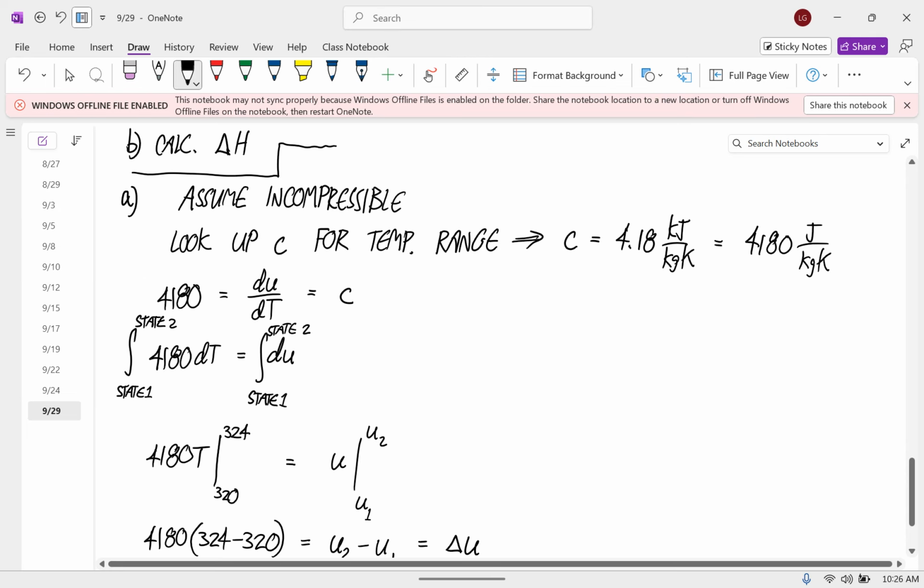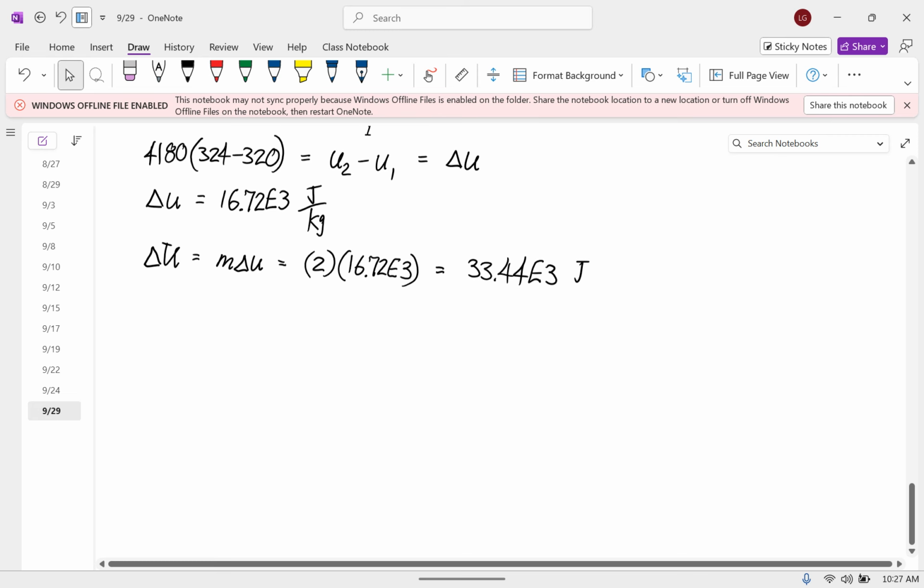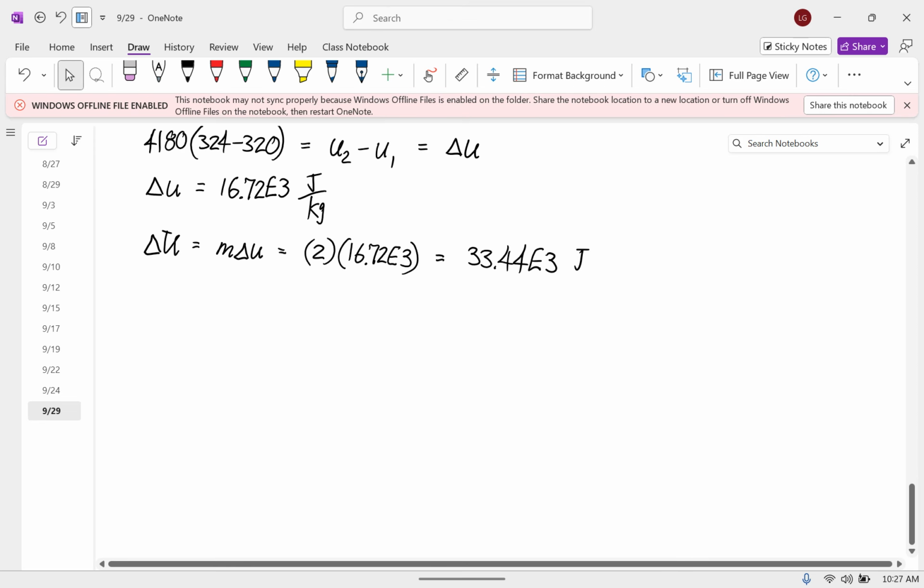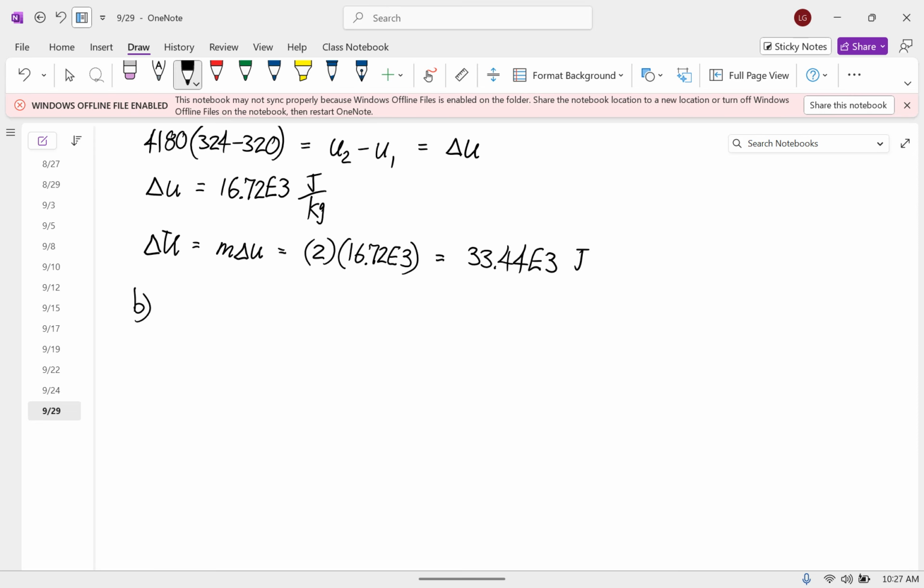And now we want to calculate the change in the extensive enthalpy. So how are we going to do this? Just think through what we know. What relationships do we know that could help us here?